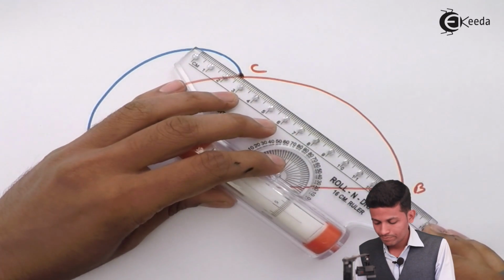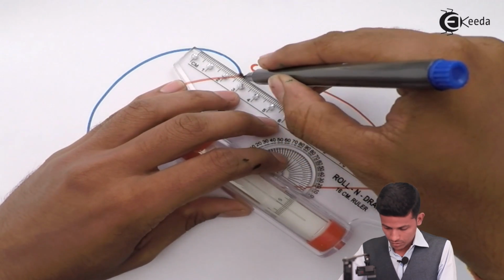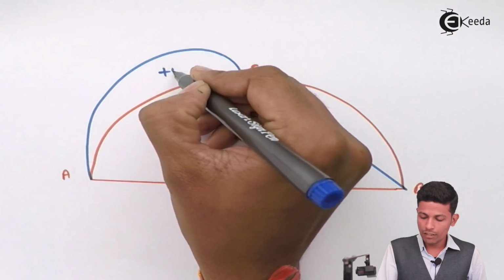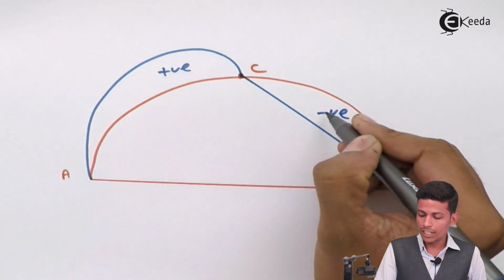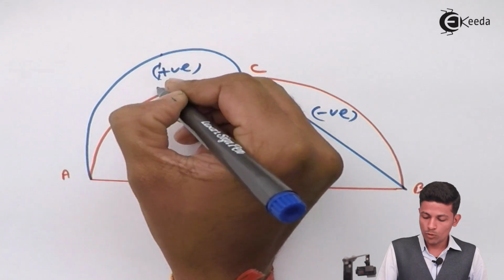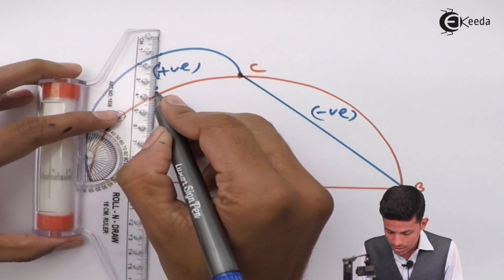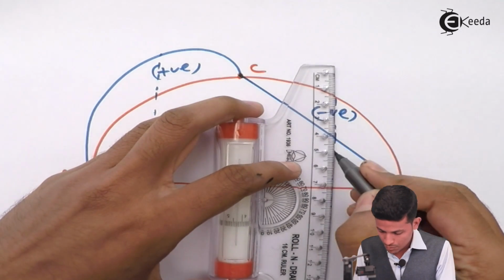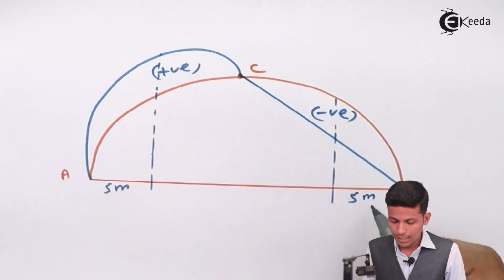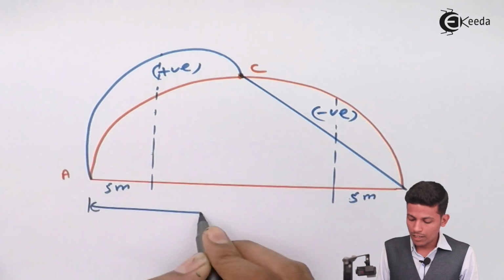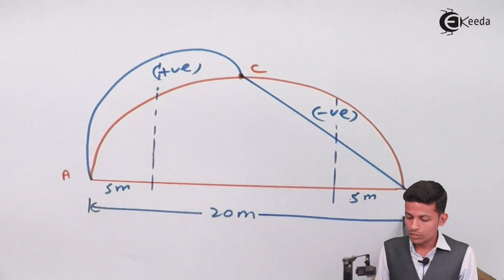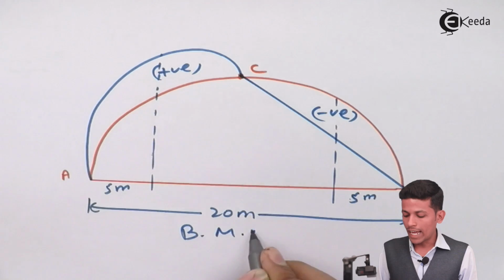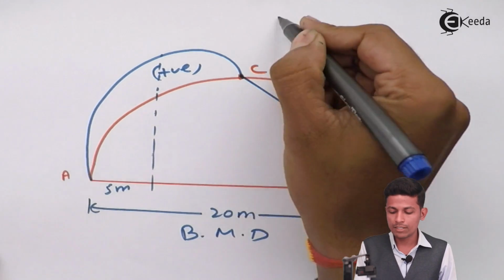That's why this is your positive and this is your negative. Now write the value over here. This distance will be 5 meter, and write the total span 20 meter. Now this is your bending moment diagram. This is one type, the first type.